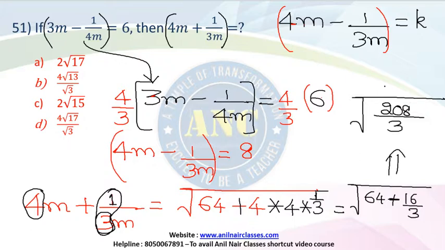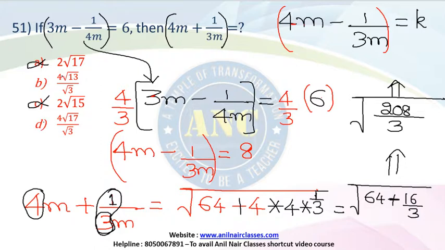Square root of 208 whole divided by 3, but this can be simplified further. First thing to understand is that I will get square root of 3 in the denominator, so option A cannot be the right answer, and option C cannot be the right answer. Either it should be option B or option D.